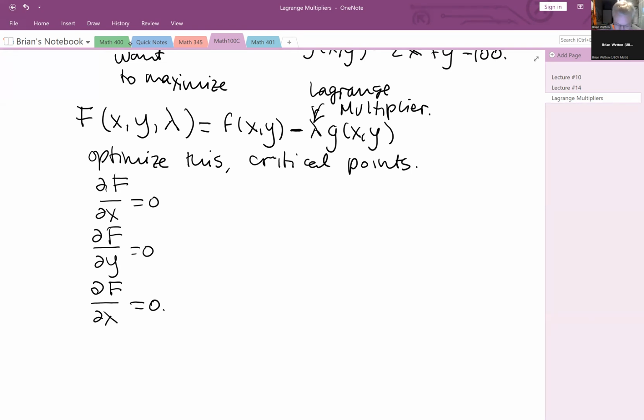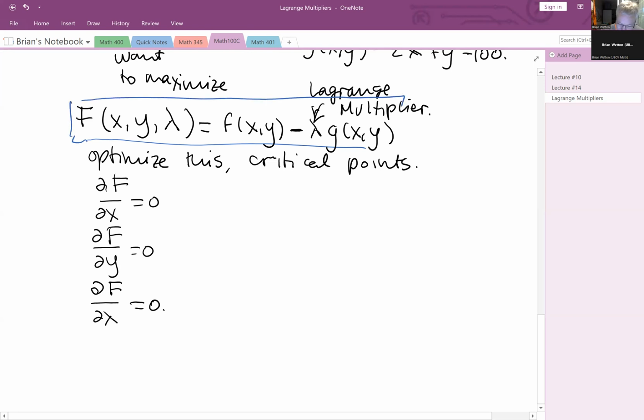Okay, well, let's think about this. Now I've got this capital F, which has got my things together. And I can remember the method of Lagrange multipliers as just: construct this thing, find critical points. But it's a little bit more instructive to look at what comes out. So if I take the partial derivative with respect to x, I get the partial derivative of little f minus lambda times the partial derivative of the constraint.